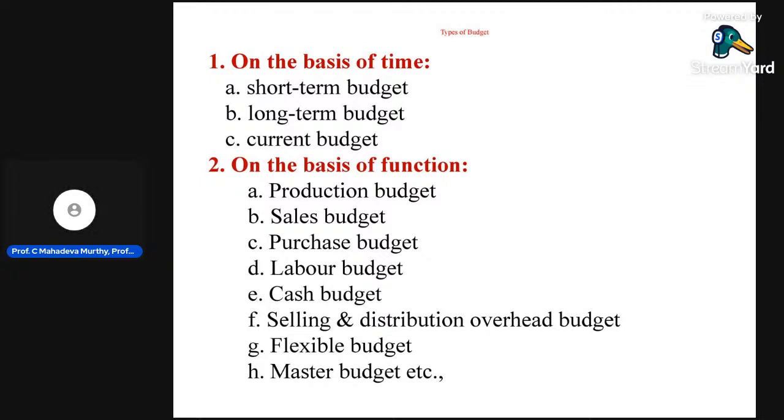We also have to prepare the master budget on the basis of the function. Master budget is also most important for particular activities. Then I will move on to the next slide.